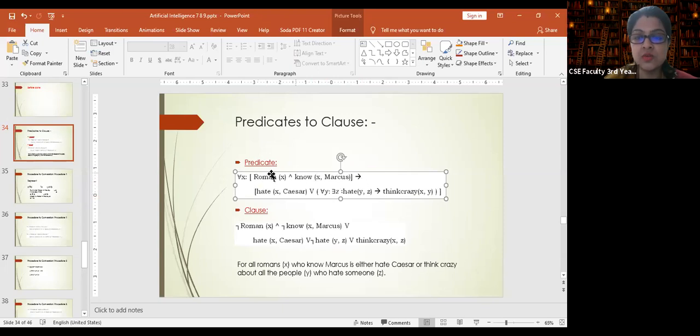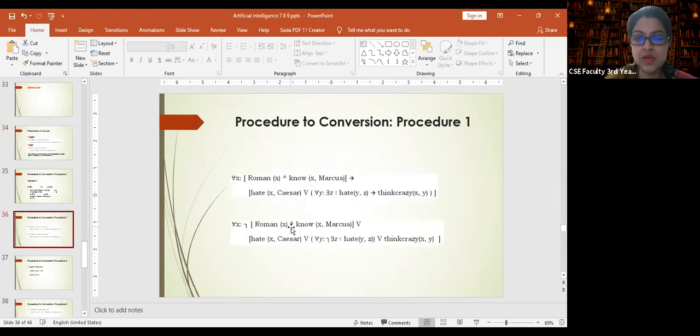So what we can do is use one not sign before part A, then an or sign, then part B. Before part A we keep one not sign and write part B as it is. Now another implication sign is there.